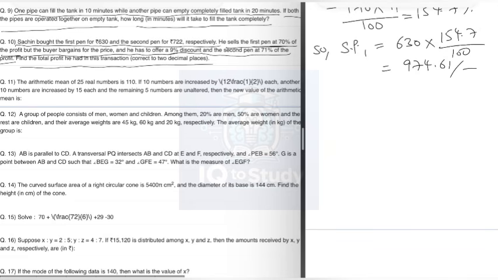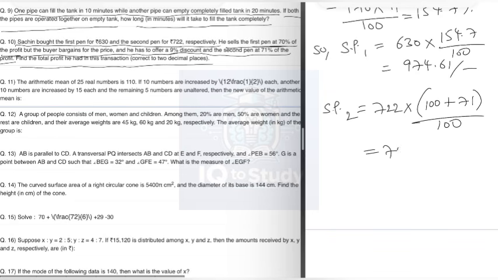Let's do the same for the second pen. Second pen is selling at 71% profit. So SP2 is equal to second pen cost price into 100 plus profit percent divided by 100.